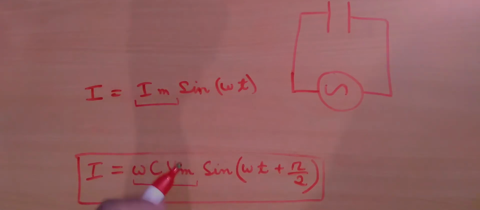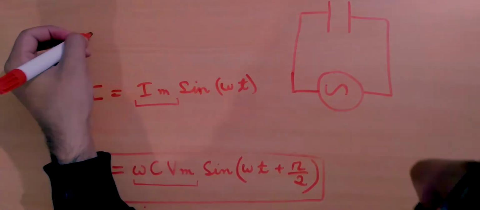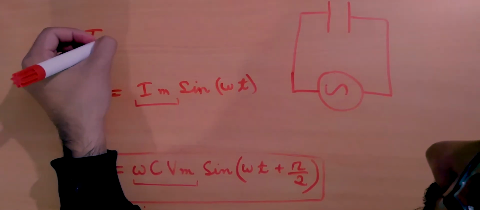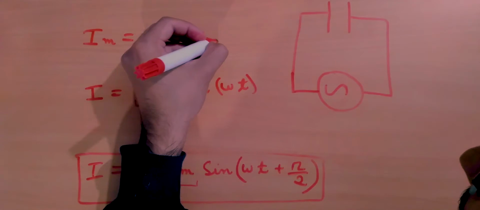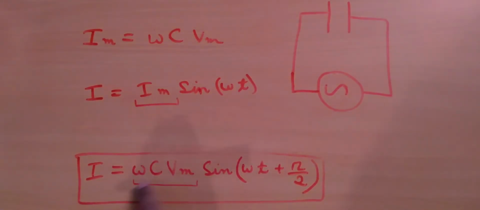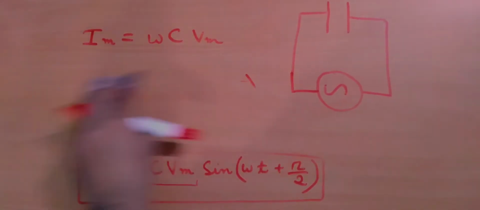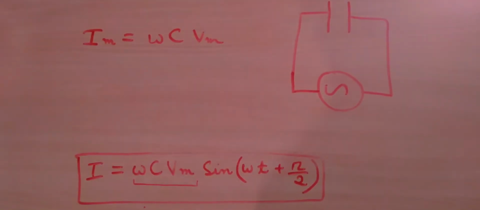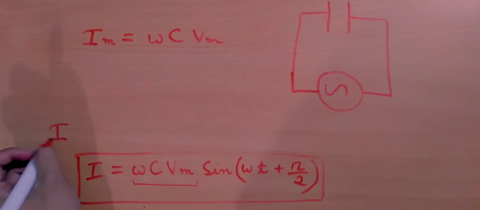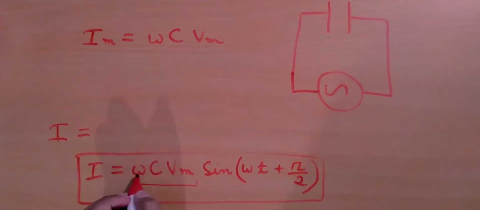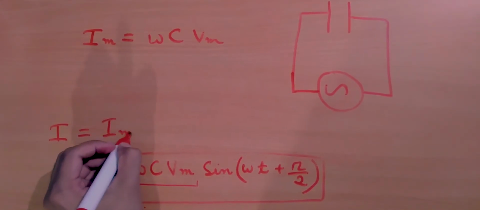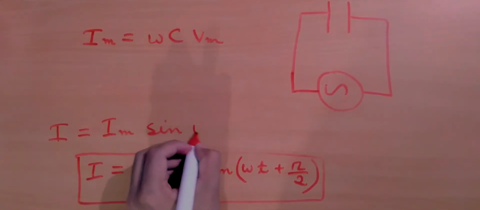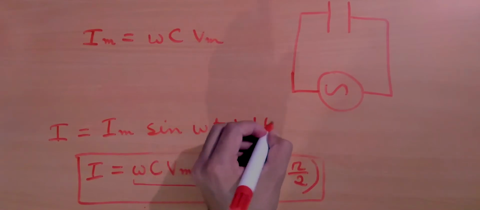I can write the peak current Im as omega C Vm. So I can simplify the whole equation by writing the current in the whole circuit at any point in time equals omega C Vm, which is nothing but the peak current, times sine of omega t plus pi by 2.